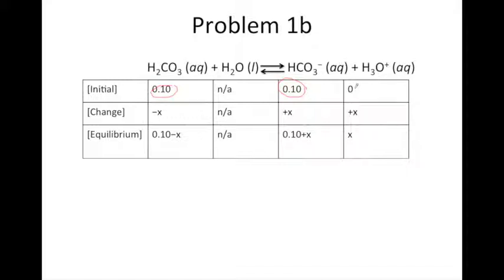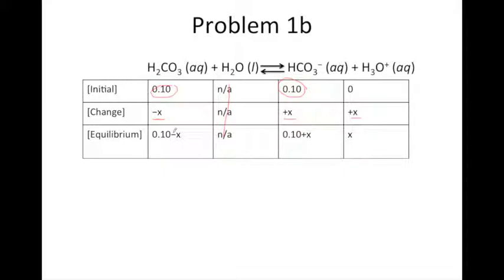Our initial concentration of hydronium we can assume to be 0 since no dissociation has occurred yet, and our concentration of water is constant since it's a pure liquid. As our weak acid dissociates, its concentration will decrease, minus X, and our concentrations of conjugate base and hydronium will increase, plus X. Again, it's a 1-to-1-to-1 molar stoichiometric relationship.